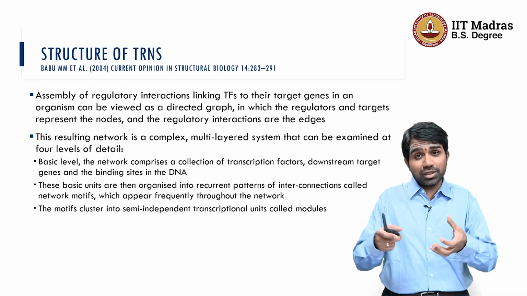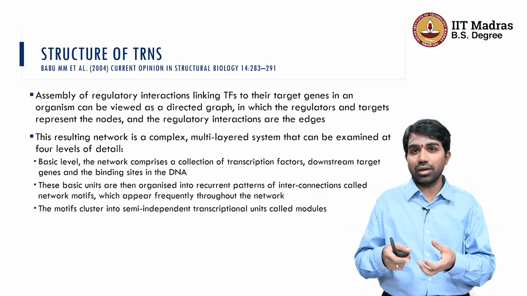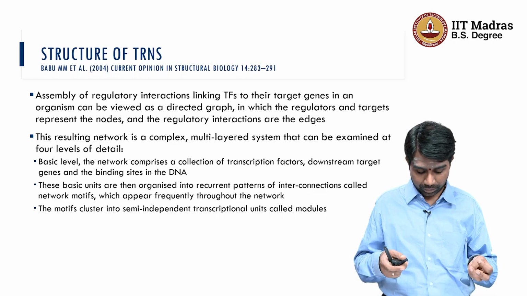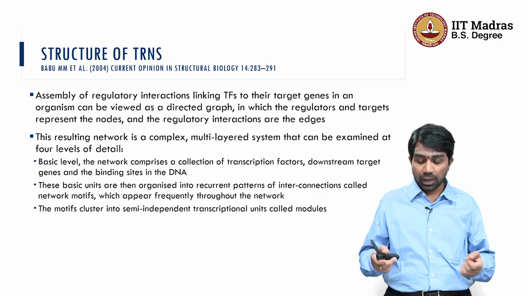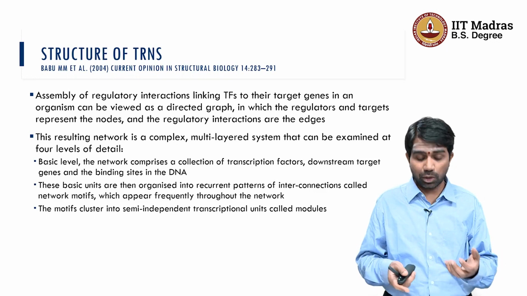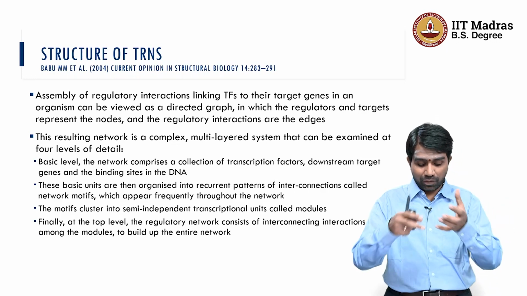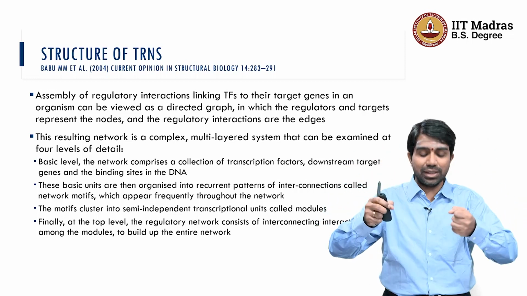And these motifs then cluster into higher order modules, right? And we've already seen, we will be seeing applications of disease modules as well later on in the course. And at the top level, you have the entire regulatory network, which consists of interactions between these modules.